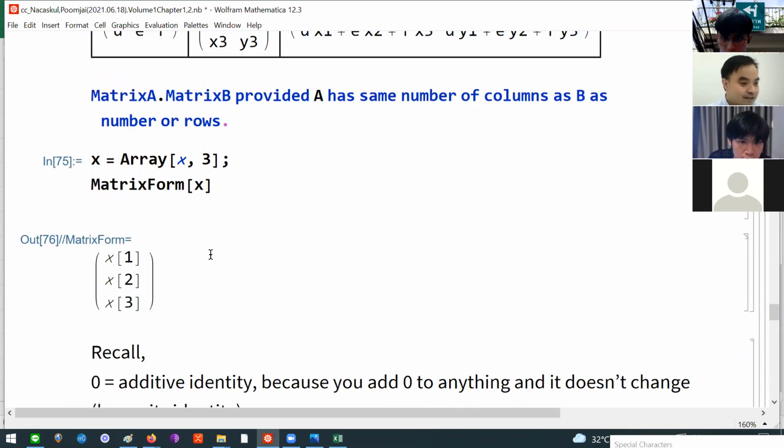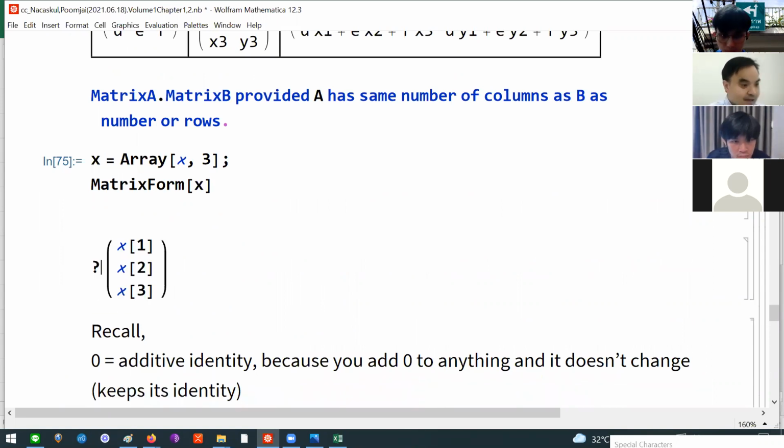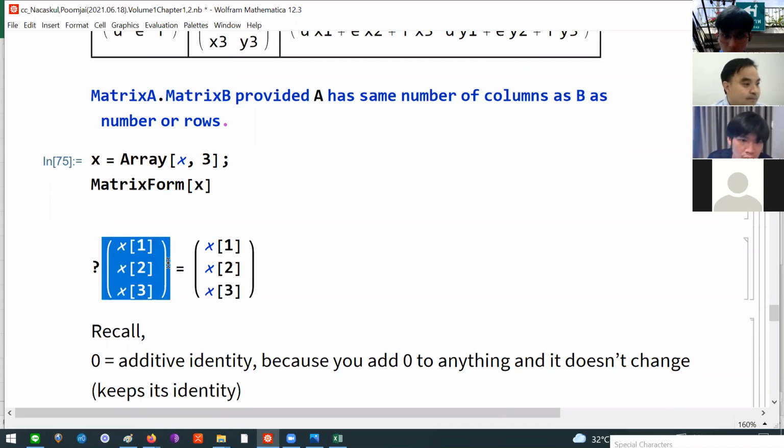First of all, it's something that multiplies to this and does nothing. Now, what is this dimension? 3 by 1. You have to end up with 3 by 1, right?